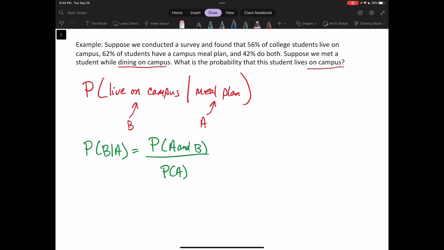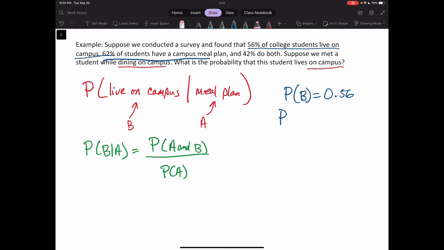They tell us that 56% of students live on campus. So that is the probability of what? We said living on campus is event B. So they tell us the probability of B is 56%, which I'm going to write as a decimal, 0.56. Remember, to convert a percent to a decimal, just divide it by 100, or move the decimal place to the left 2 places. They tell us that 62% of students have a campus meal plan.